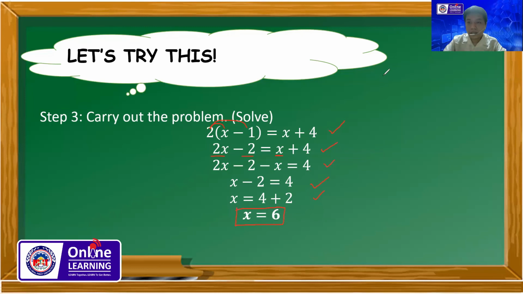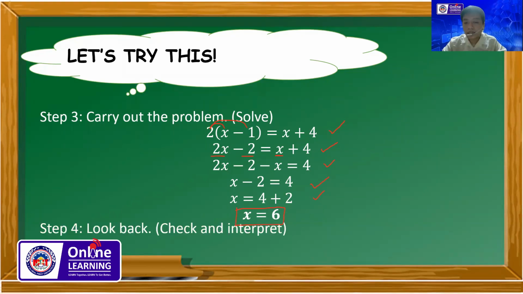Then after that, based on George Polya, you will again look back, check, and interpret. So meaning we will check if our translation from the verbal phrase going to variable expression is correct. And then we will come up with what we call solving.